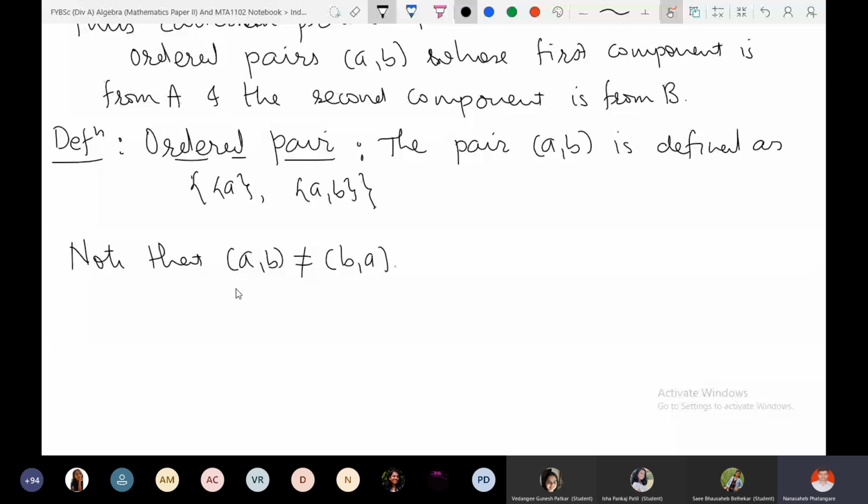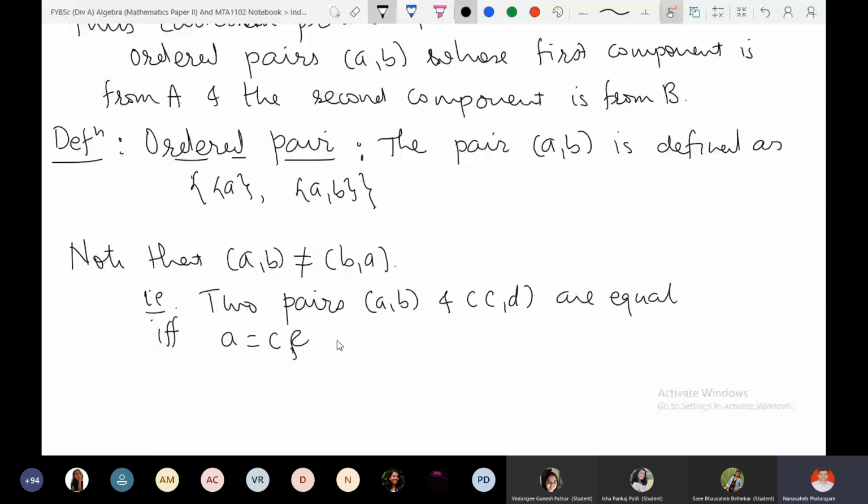So two pairs AB and CD are equal if and only if their first components are equal and second components are equal.